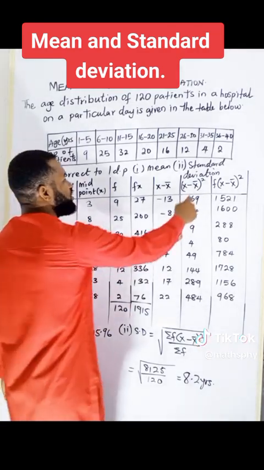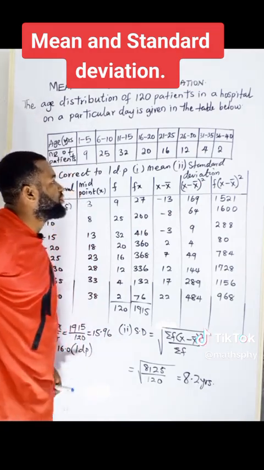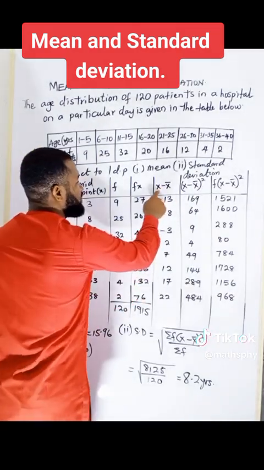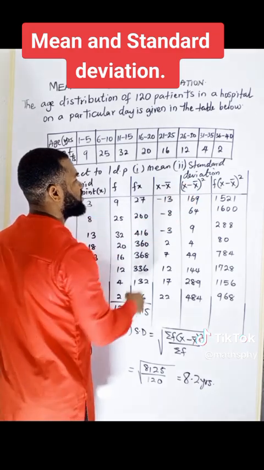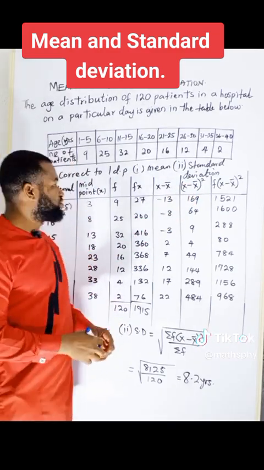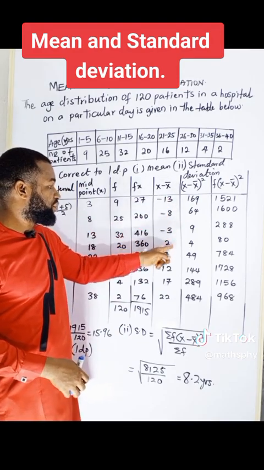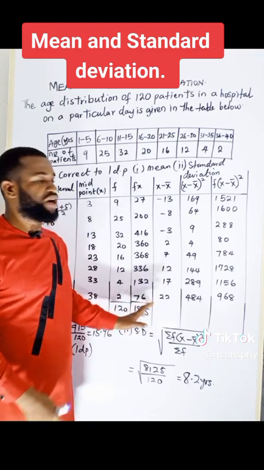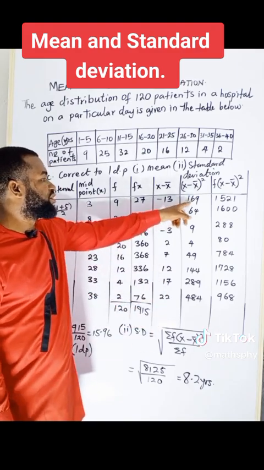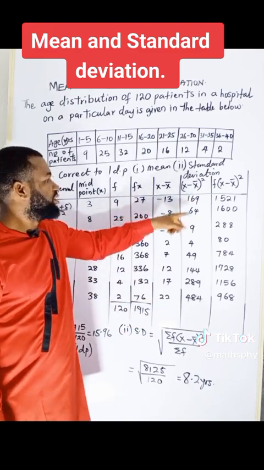Now, you go to this next column, which is the same thing, but squared. So you say minus 13 squared, and that removes all the minus signs. 13 squared is 169, that means 13 times 13 is 169.